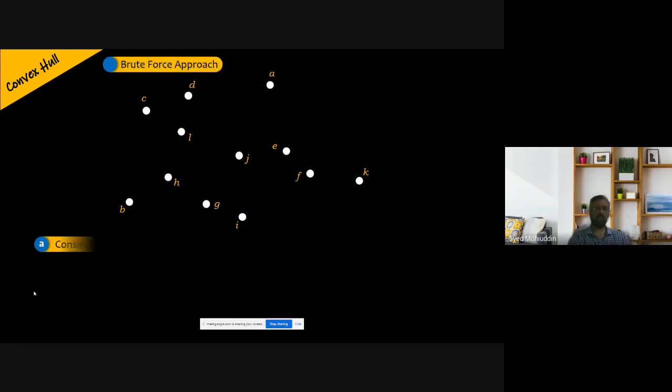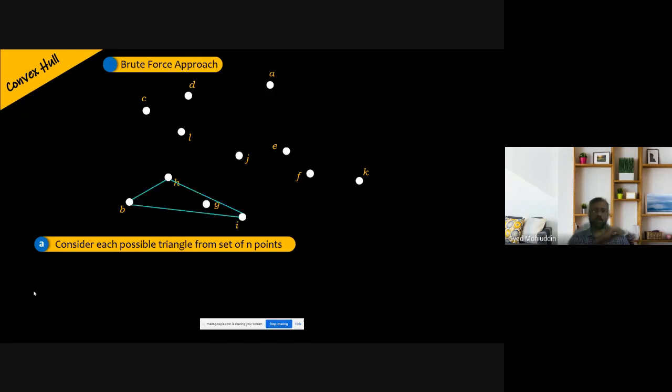Now, to apply a brute force approach, we consider triangles. That means from among the set of n points, we take 3 points and join them, and it becomes a triangle. This is a brute force approach, so we can start from any 3 points.